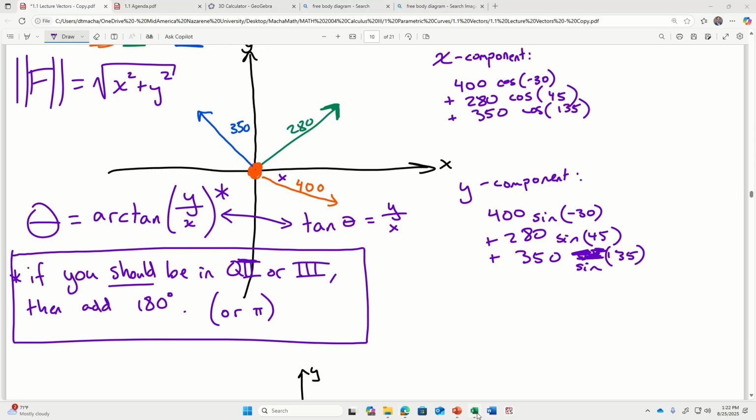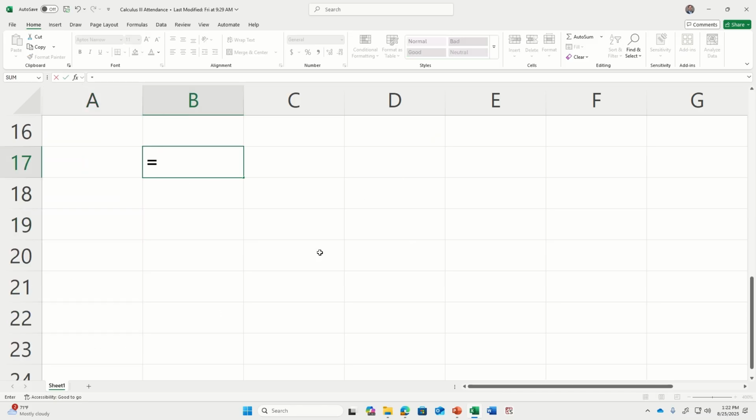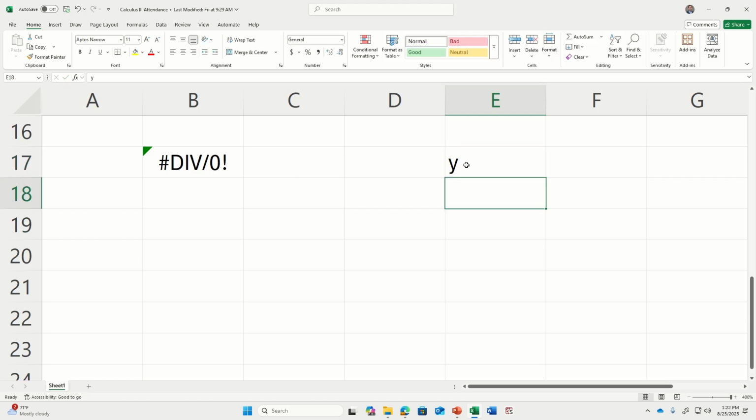If you are using software, let me show you how this looks in Excel. It's not arctangent in Excel, it's atan. And then let's choose some y coordinate divided by x coordinate.